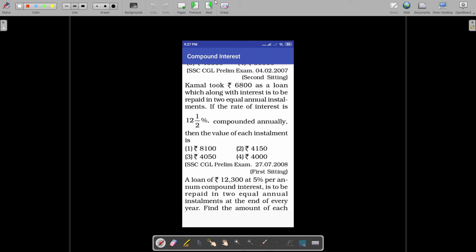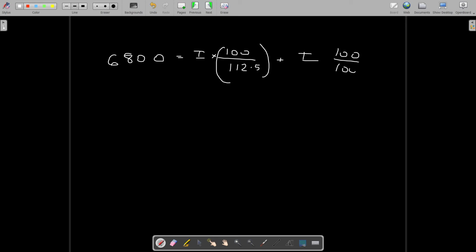So we know that 6,800 equals I into 100 by 100 plus R, 100 by 112.5, plus I into 100 by 100 plus R, 112.5.